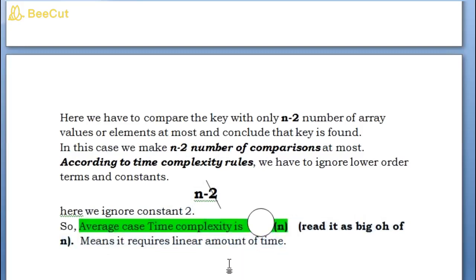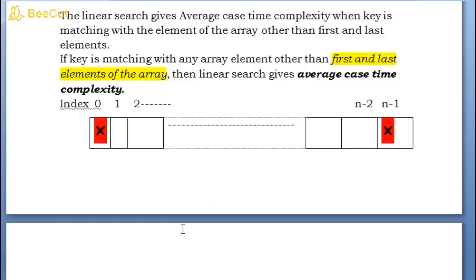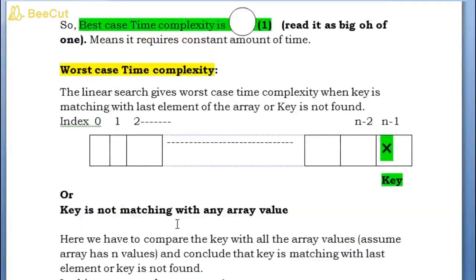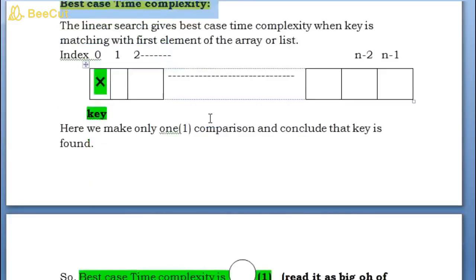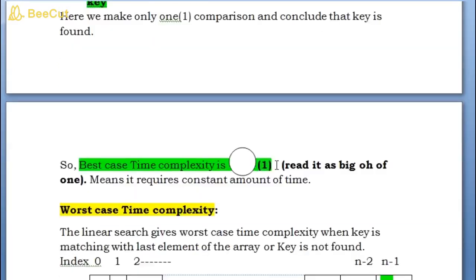The best case time complexity means the minimum amount of time or smallest amount of time taken by the algorithm for its execution. So what is the best case time complexity of linear search? Big O of 1.